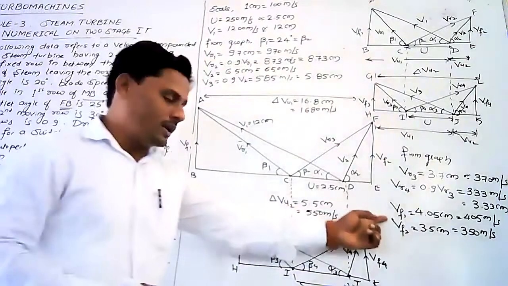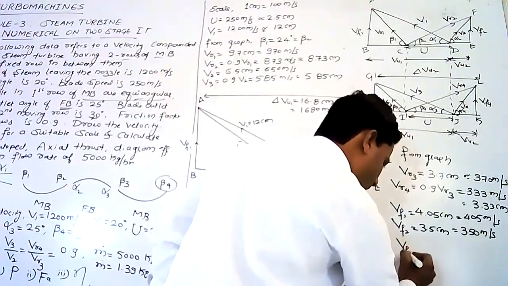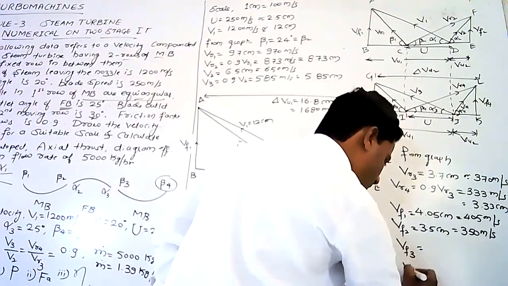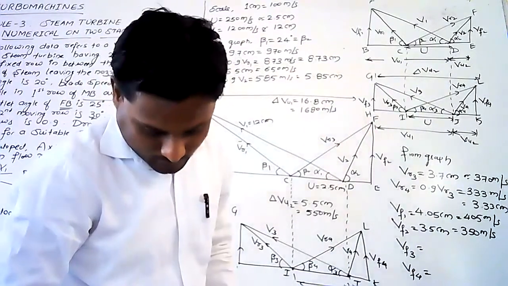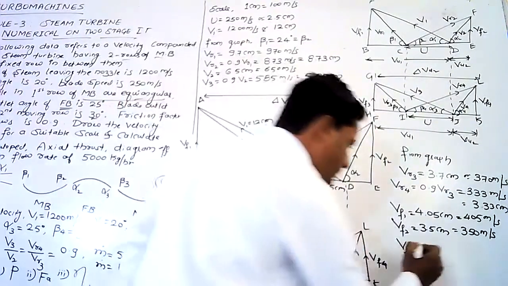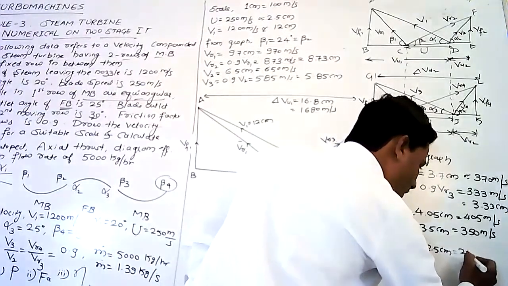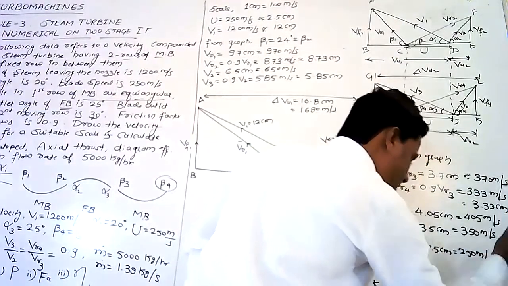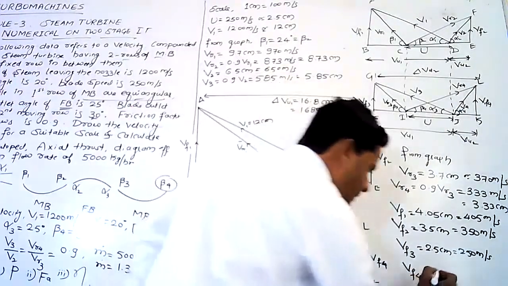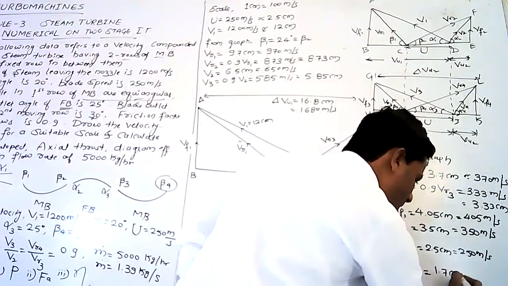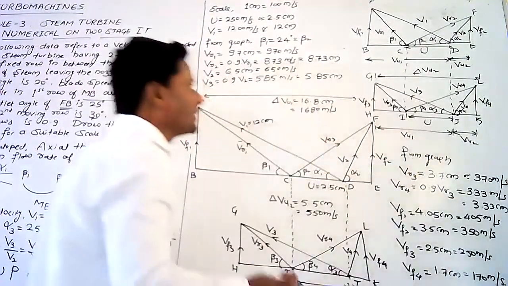This is for stage 1, and for stage 2 we have VF3 and VF4. VF3 equals 2.5 centimeters, or 250 meters per second. Similarly, VF4 is 1.7 centimeters, or 170 meters per second.